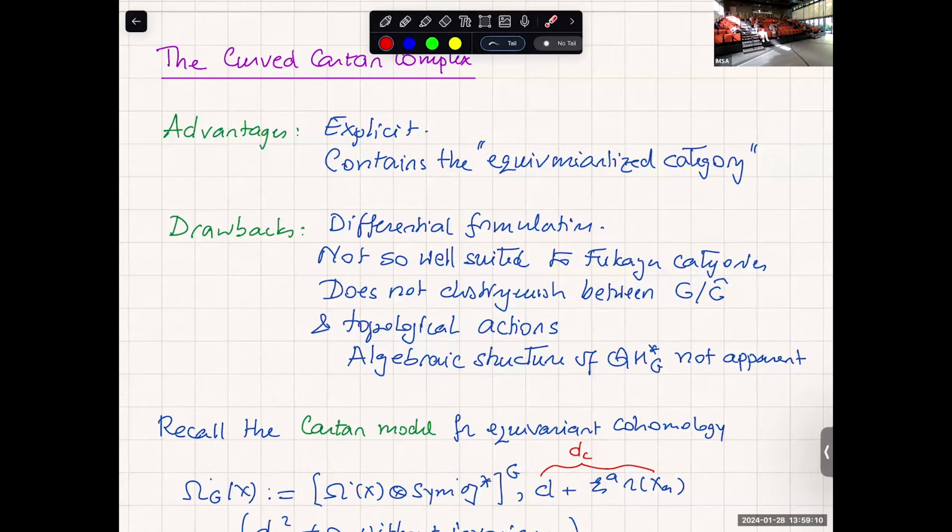It tells you exactly what you need to know to define the trivialized group action, the topologically, locally trivialized group action. The drawbacks of the model: you need a differential formulation for everything. So for a DG category, the action must be given in a differential manner. Usually Fukaya categories don't come that way, so you need to be lucky to be able to implement it.